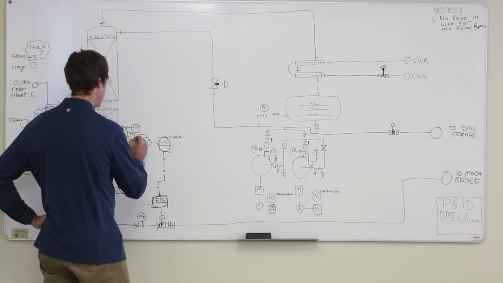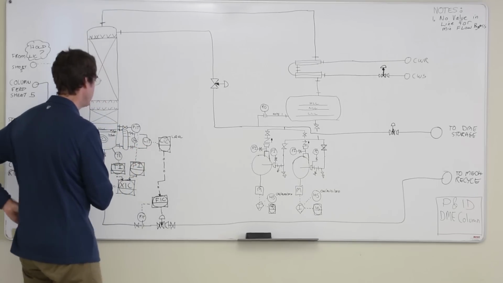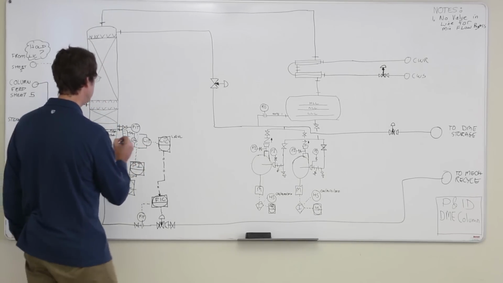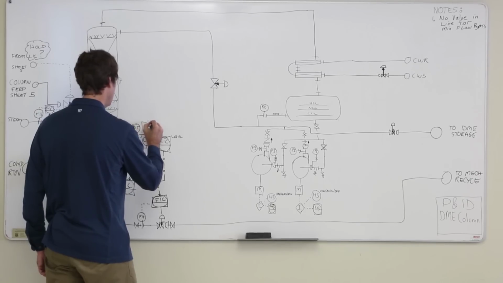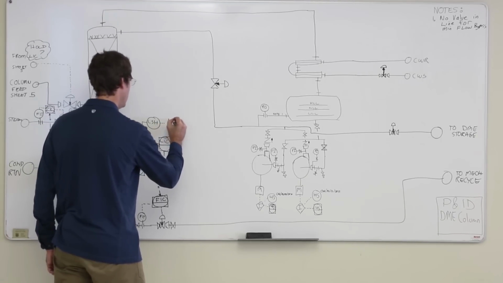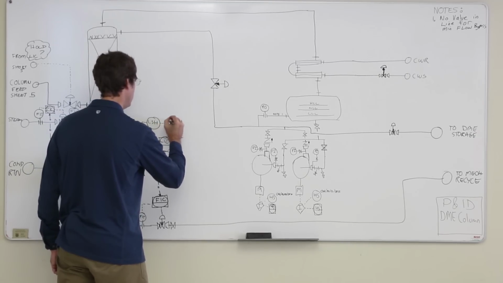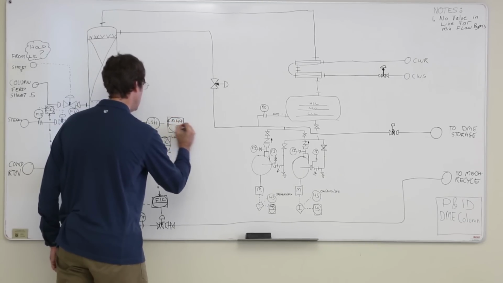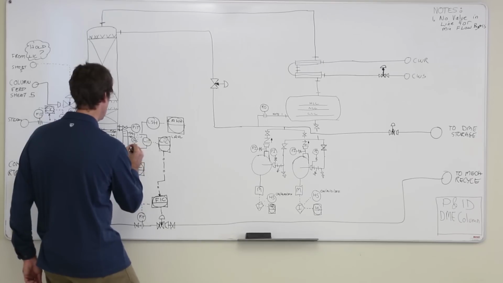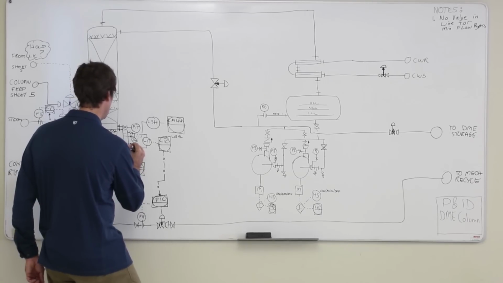This is why I need a lot more space. I should have given myself a lot more space here. There's a sight glass there. Let's put a level switch high in. Like that. And a level alarm high. Like that. And let's put a low level switch in as well.